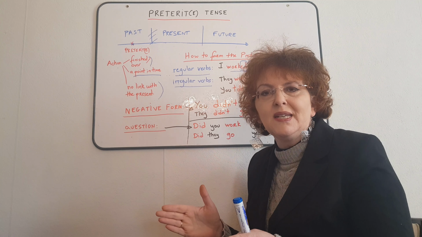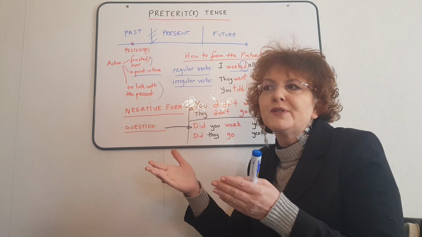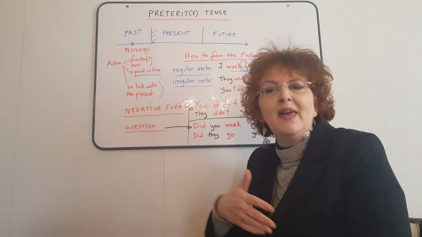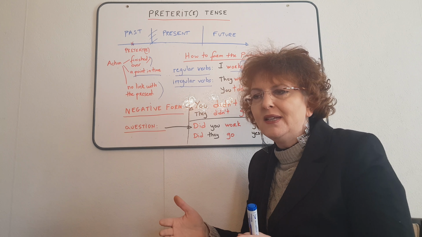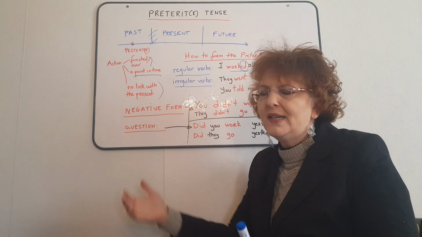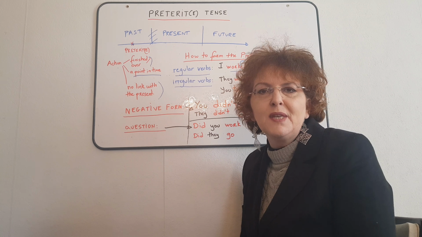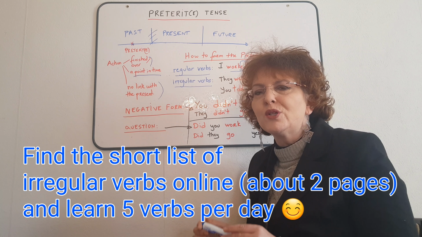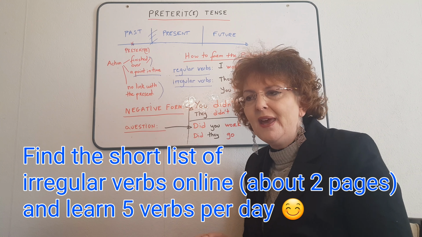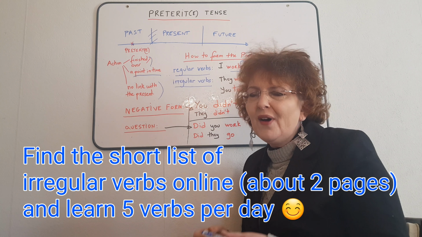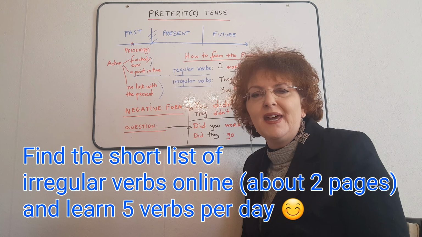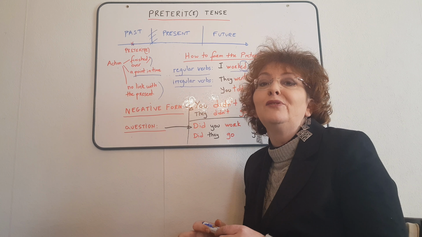One is the short list with the verbs that are usually used every day. One is a longer list, and then there is a very long list of about 18 pages of irregular verbs. So try to find a short list of irregular verbs and learn 5 irregular verbs per day. This is enough, more than enough.